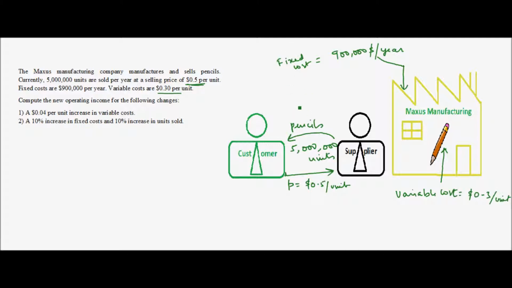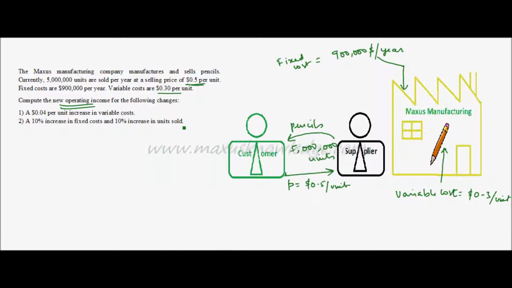So with this information, we have to find out what will be the new operating income in case the variable cost increases by $0.04 per unit. So, sometimes what happens is that there is a forecast that the cost of raw material is going to increase. So the manager of Maxus Manufacturing Company is now trying to evaluate what will be the impact to the operating income if the variable cost increases by $0.04 per unit.